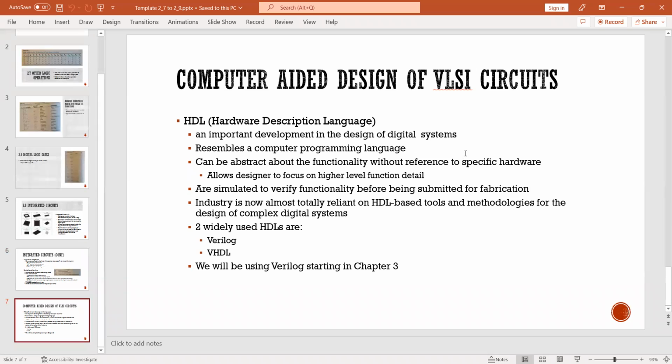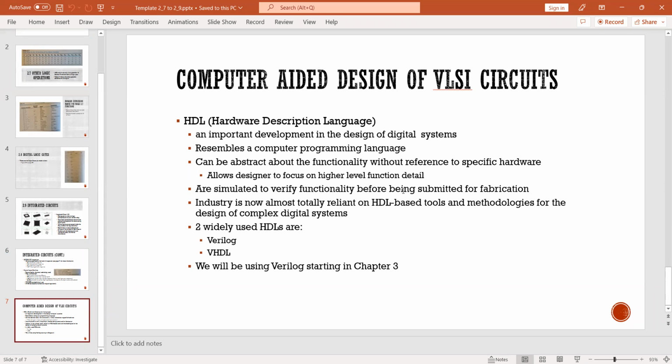We've been doing all this gate minimization, and this language could do some of that for you. So the designers can just focus on what they need to happen in the circuit at a higher level than getting down to the specific hardware.